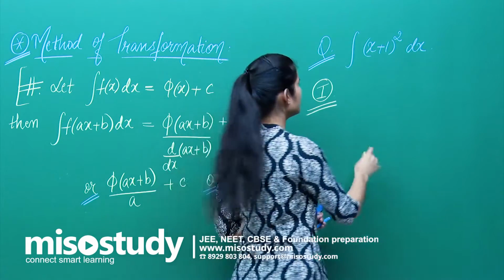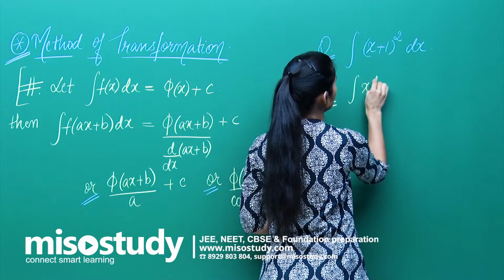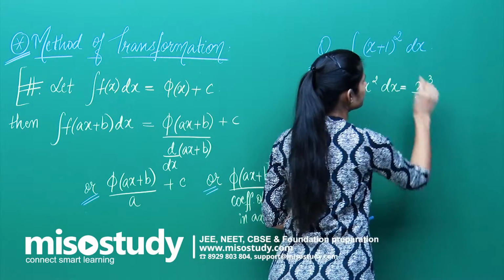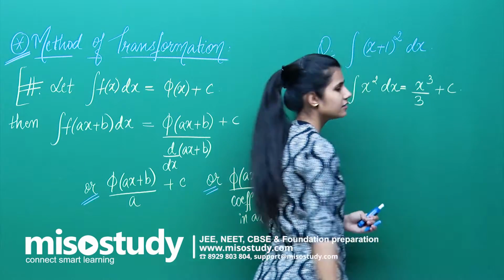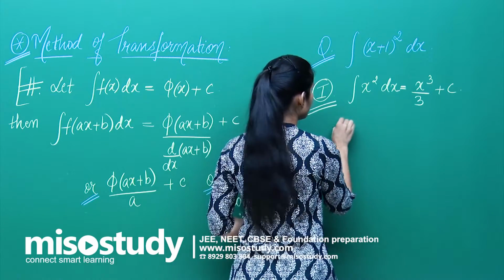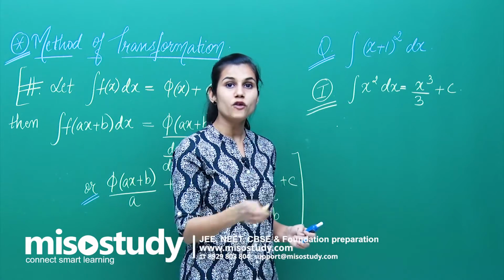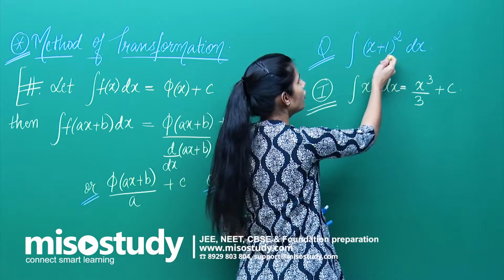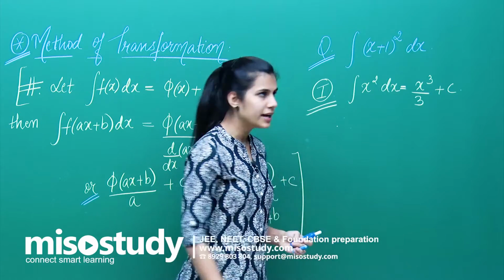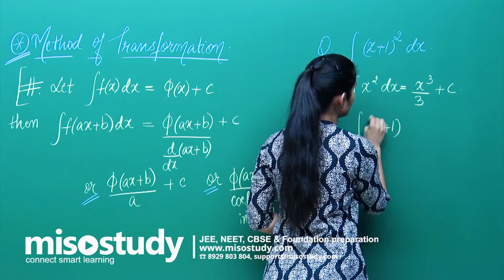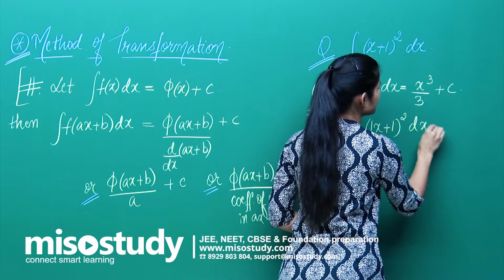I am saying integration of x square dx is x cube by 3 plus c, right? Therefore, replace this function f of x, which is x square, by f of ax plus b, which is f of 1 times x plus 1. So this is going to become (1 times x plus 1) whole square dx.